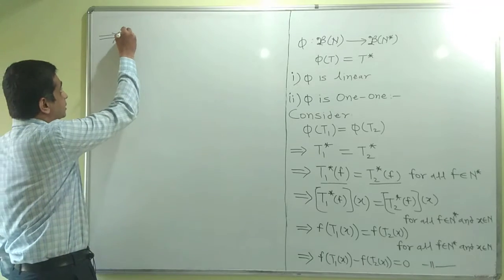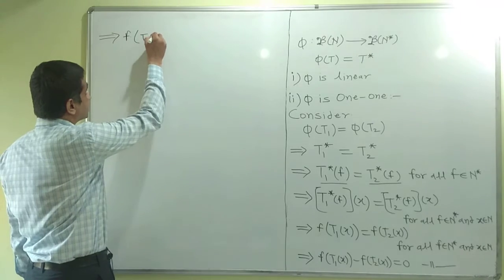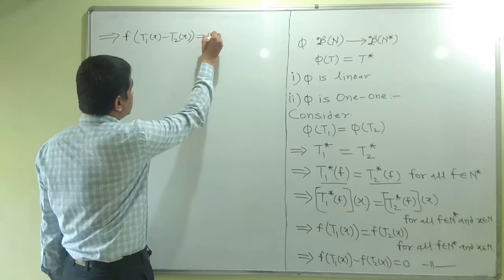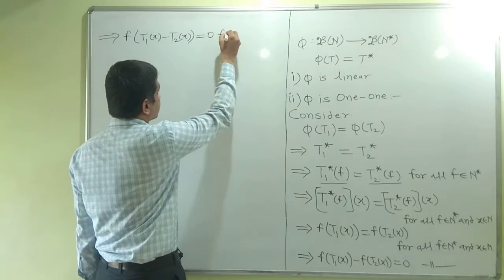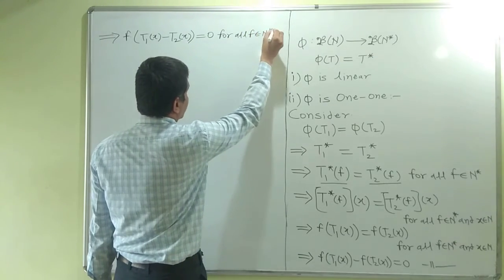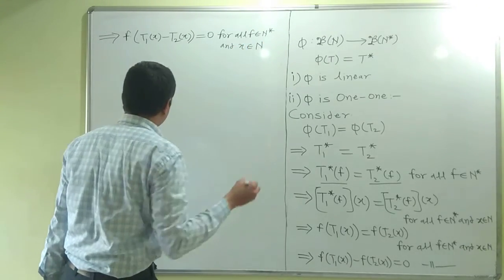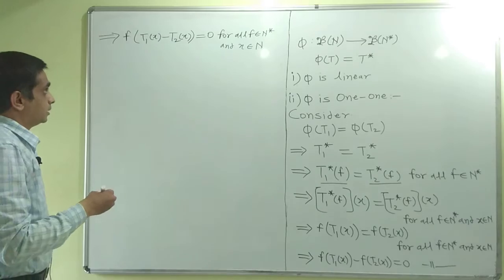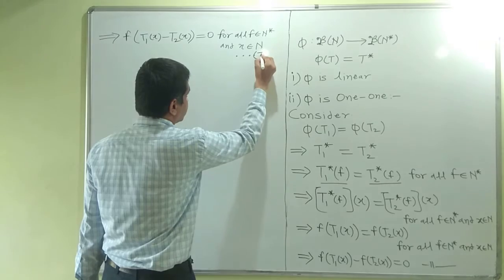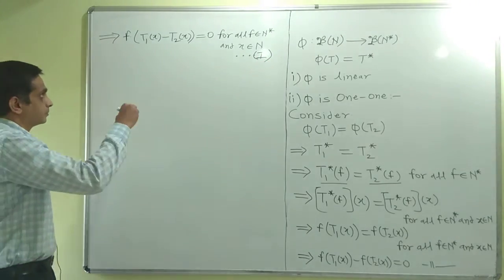So f of T1x minus T2x is equal to 0 for all f belongs to N star and x belongs to N. Let this be the first statement.